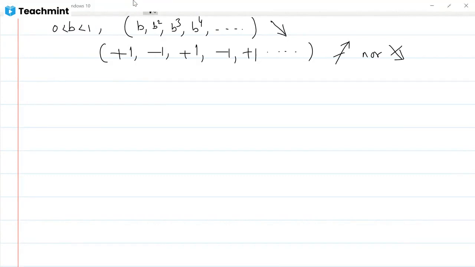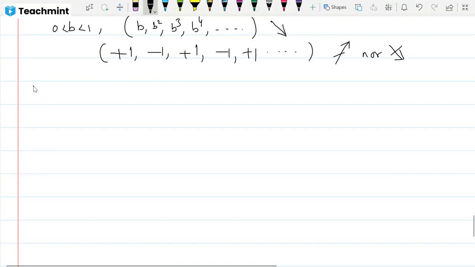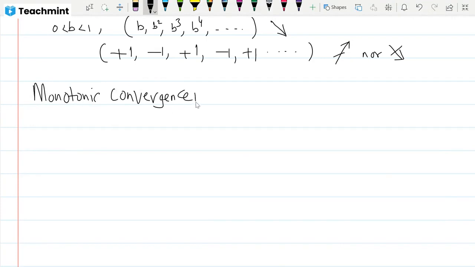Right, sir. There is a name for this theorem, known as the monotonic sequence or monotonic convergence theorem. I will use it as MCT, for monotonic convergence theorem. I am writing the statement.